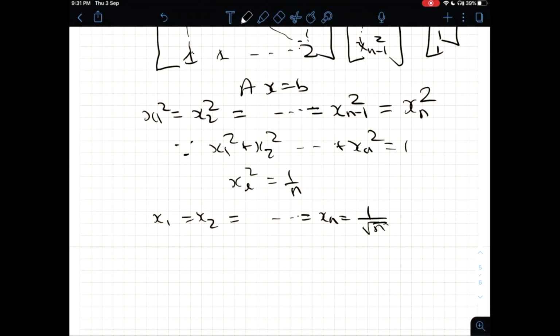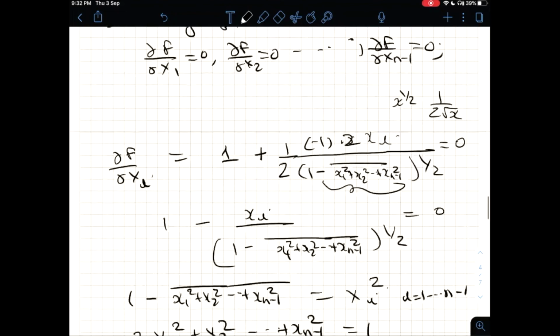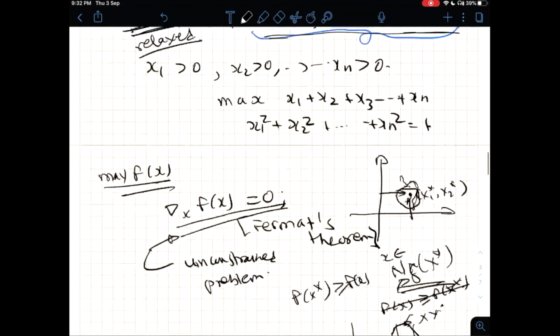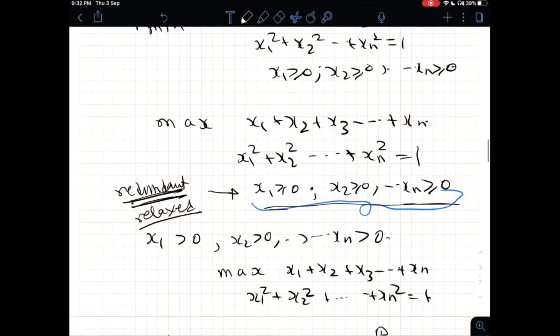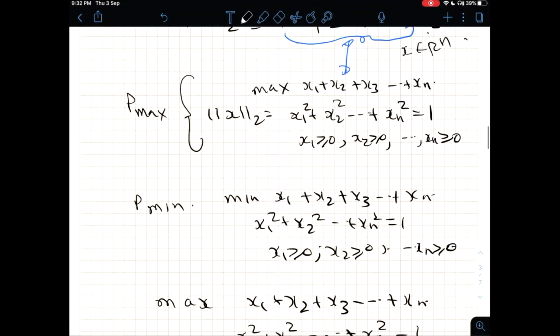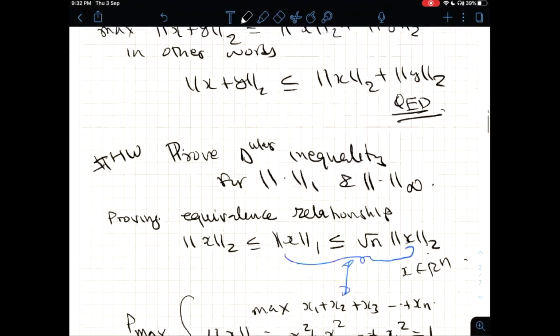And so then what becomes the first norm of x? The first norm of x actually becomes the summation of all of them, which is n by under root of n, which is equal to under root of n, which is exactly the bound which I had written.